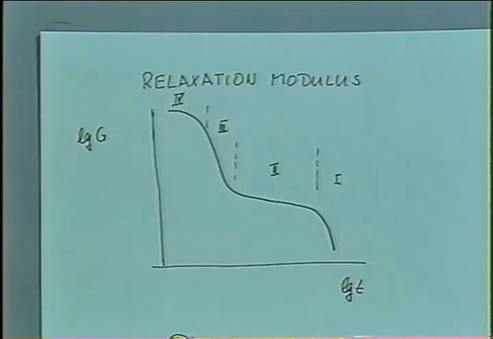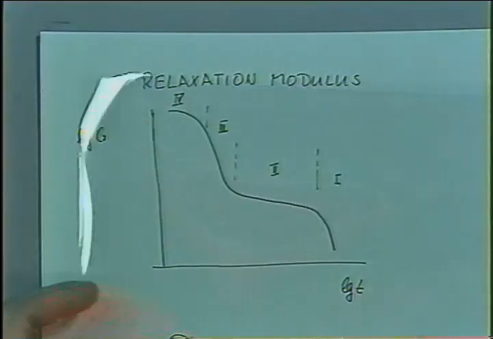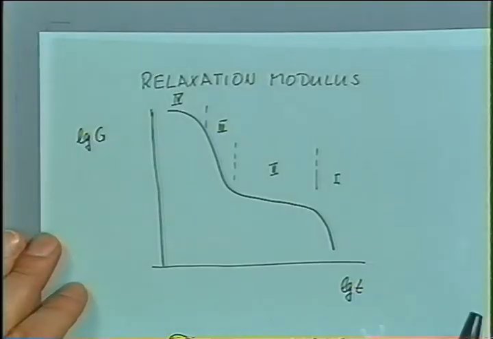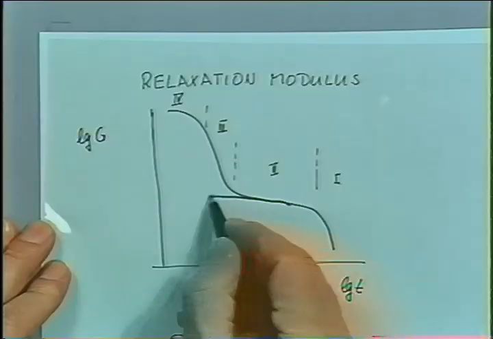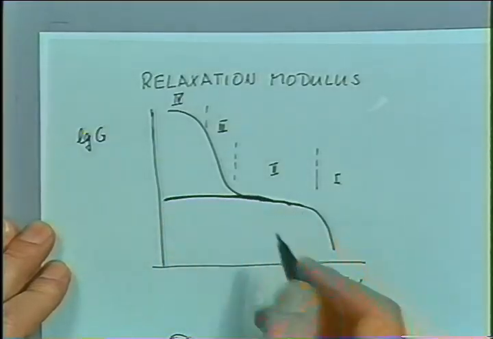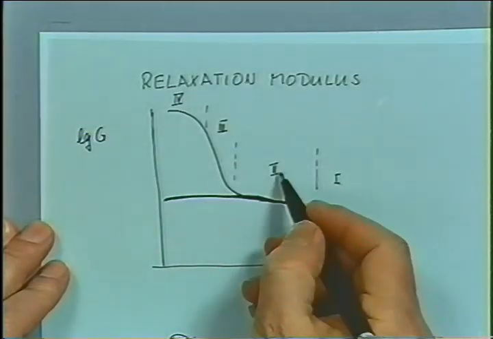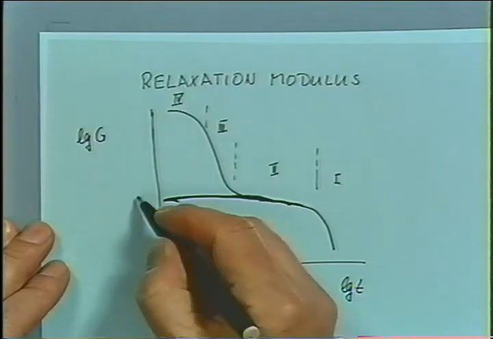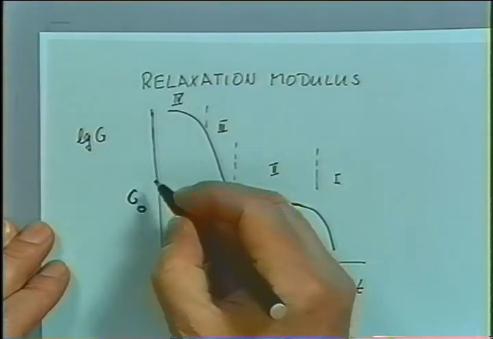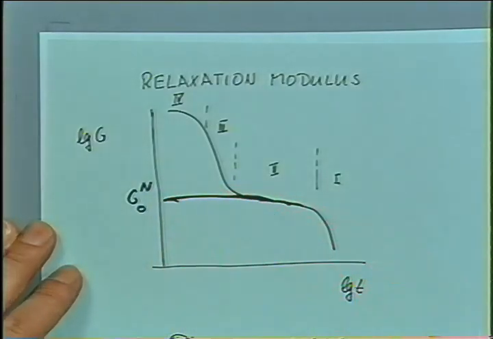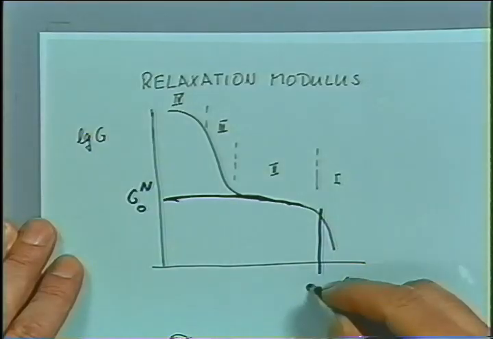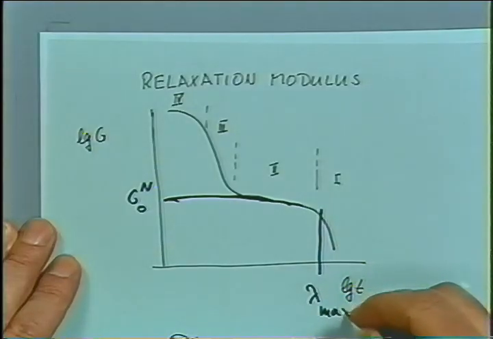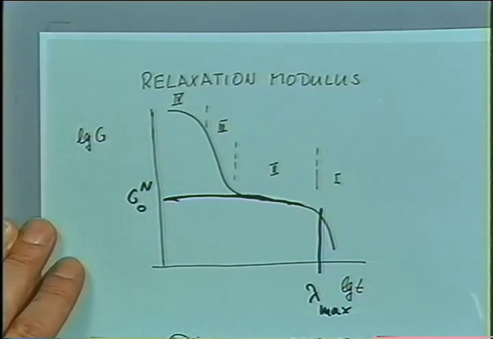That's very important. So what would be the characteristics of a modulus as drawn here? One characteristic would be a continuation of this relaxation behavior of this region 2, and this value is the so-called plateau modulus, G_N^0. You should have a number like that. And then there is a characteristic longest relaxation time for the material, a breakpoint in that system.